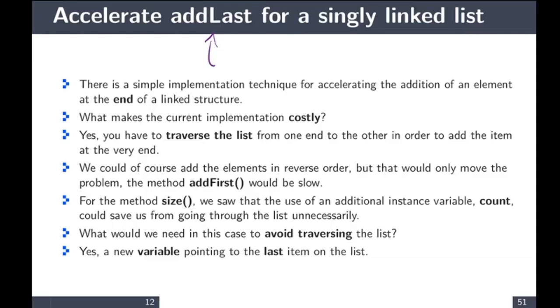Removing elements from the front of the queue was fast because we had a pointer to the first element, and when we wanted to implement the method enqueue in an efficient way, we added an instance variable pointing at the rear element. So we're going to do the same thing here, and we're going to call this reference to the last element tail.